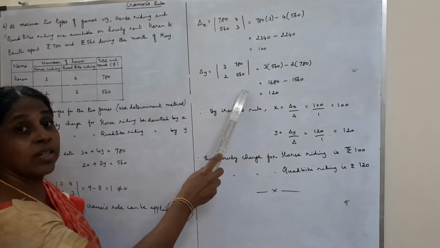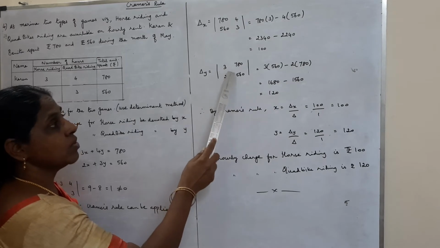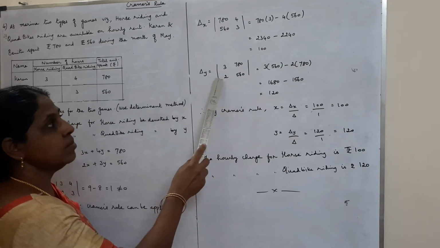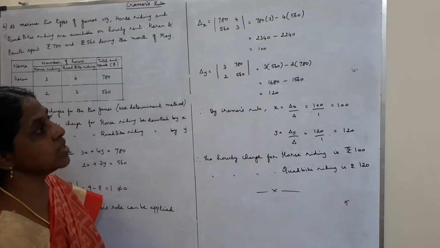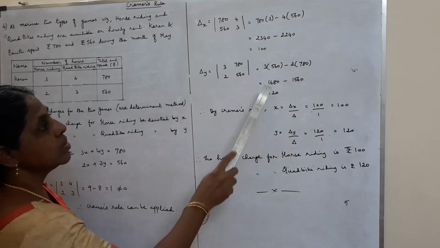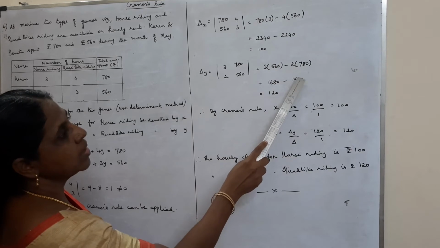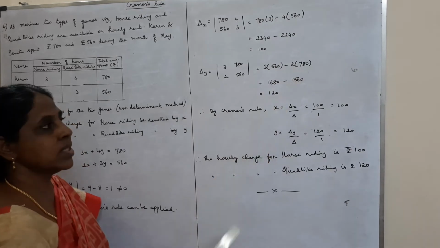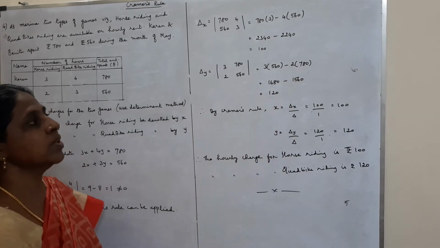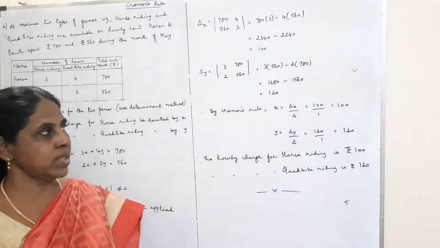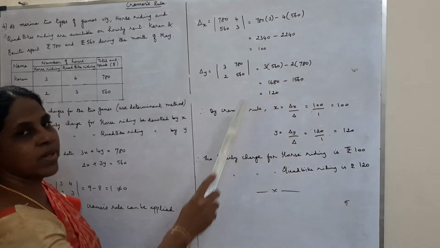So you have to find the value of delta y now. Product of the main diagonal: 3 into 560 minus 2 into 780. So 3 into 560 is 1680 minus 1560. When you subtract you get 120. So delta y is 120.